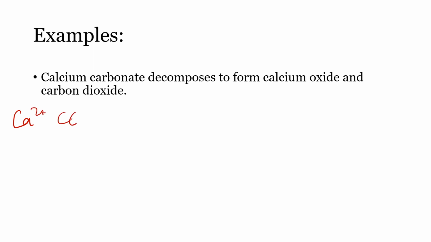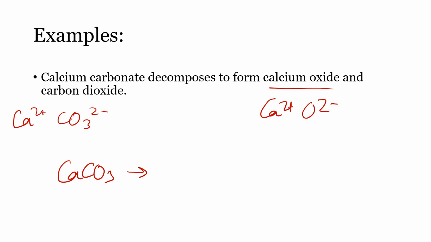Carbonate is CO3, 2-. You have to know that. Your reactant is CaCO3. It's decomposing to form calcium oxide. So calcium is 2+, oxide or oxygen is 2-. So I'm going to crisscross these. I'm going to end up with CaO plus CO2.